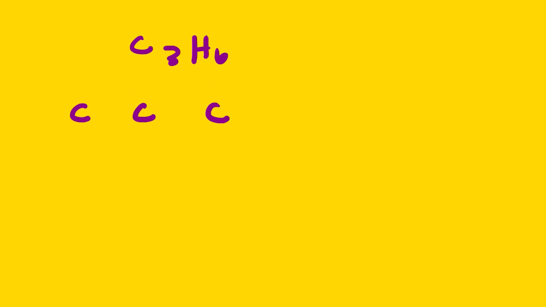So it simply means that we have a double bond somewhere. So we can just put our double bond here. And remember, the double bond cannot be between hydrogen and carbon, since hydrogen can only bond one time. So we can go ahead and fill in the remaining bonds.